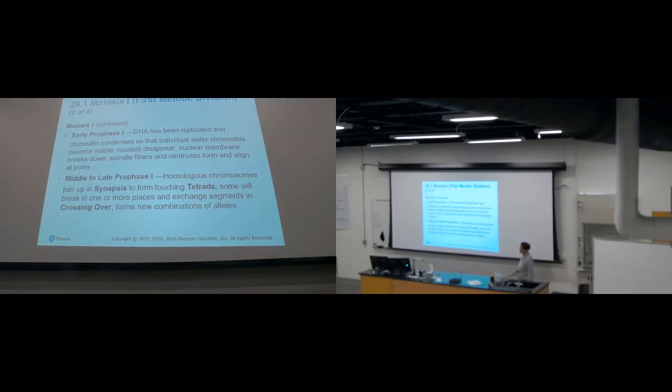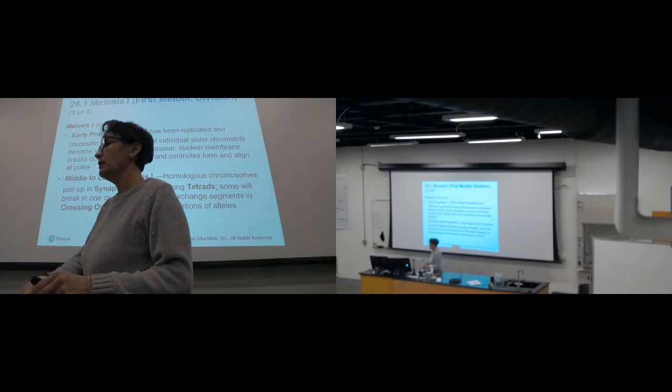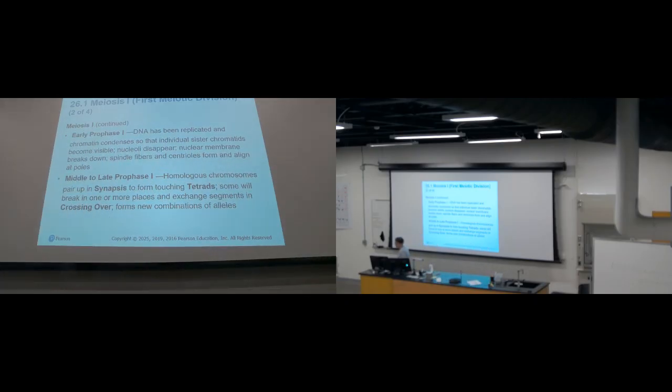So these are the phases of meiosis. You have prophase, which can be subdivided into early prophase 1 and middle to late prophase 1. In early prophase 1, since you have already replicated your DNA, you can visibly see these chromosomes.